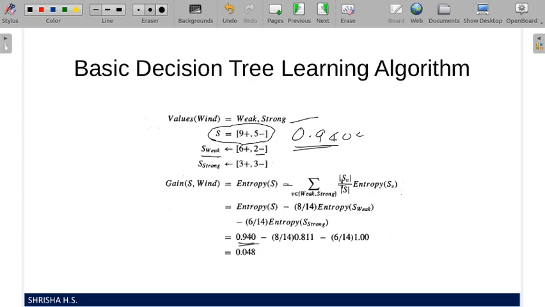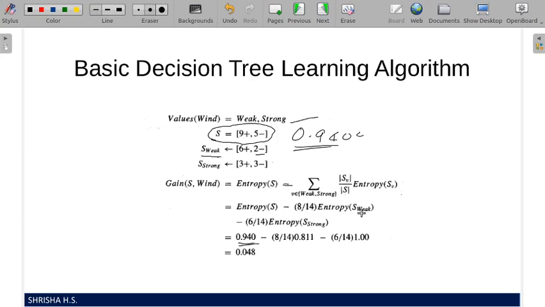Out of 14, how many are S weak? 8 are there. The total number of instances in the data set is 14.